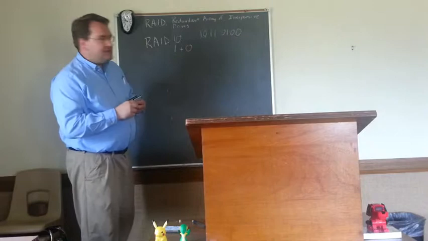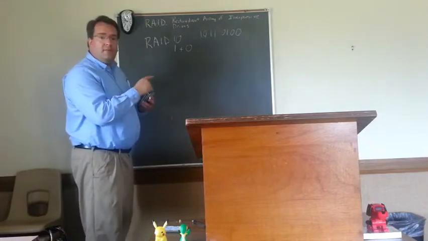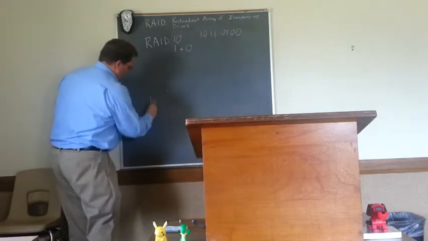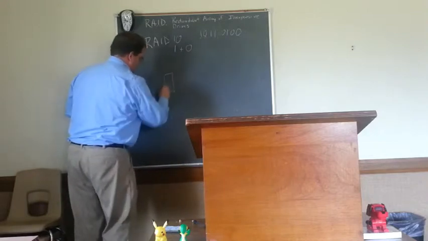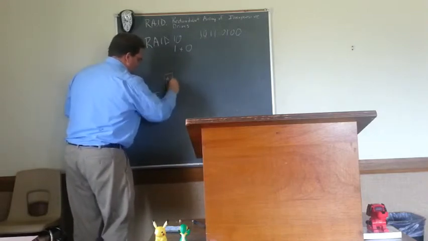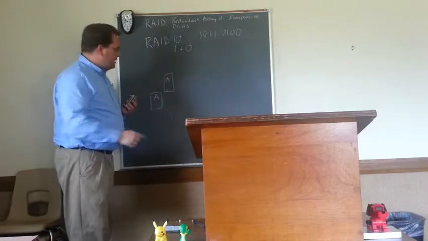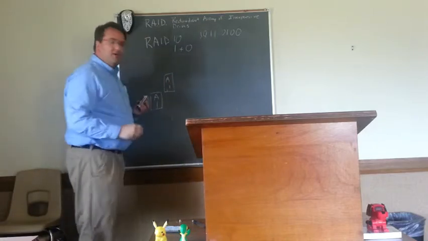And what we do is, RAID 1, remember, is a mirror. We'll represent that like this. Both of them have the same data on them, A's or 1, 1, whatever.